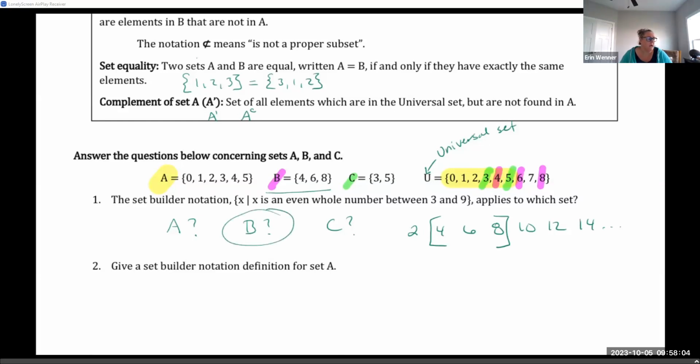All right. I want you to send me a description for set A. Don't worry about using the brackets and all of that. Just send me a description of how I would define set A. How would we define that?